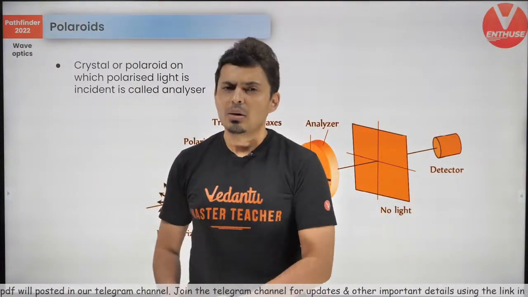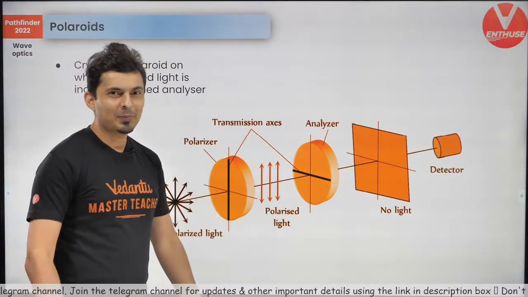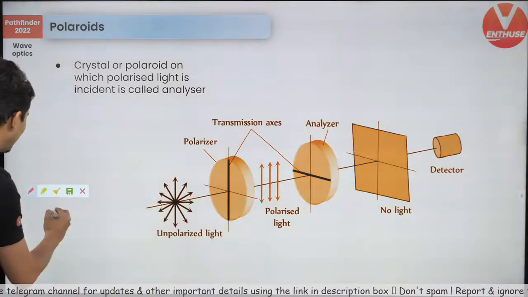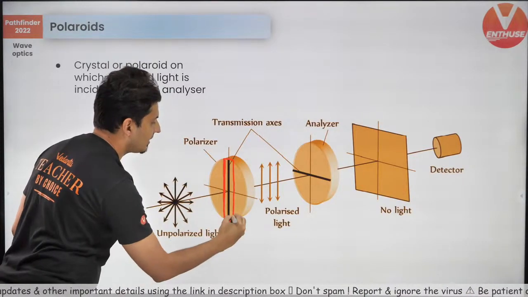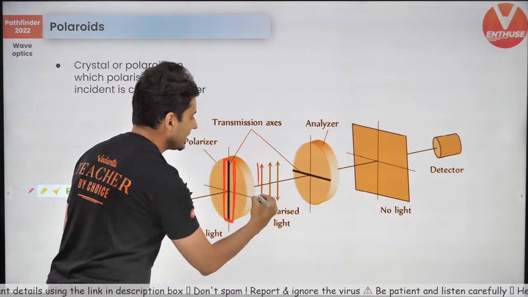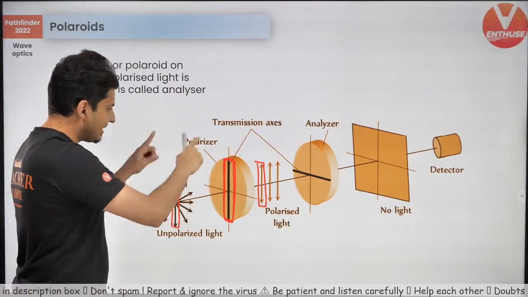Now, what is an analyzer? An analyzer is also basically nothing but a polarizer. But observe this. This polarizer right now has a transmission plane like this, so only these components will come out over here. Does it make sense? Only the components which are vertical come out.